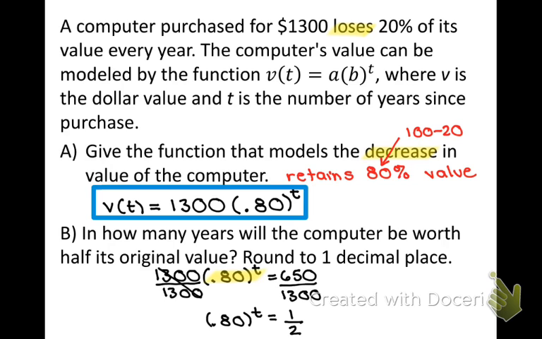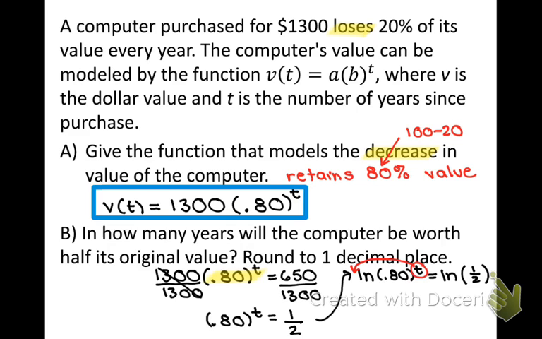Okay, so if I can't make my bases the same, I am going to take the natural log of both sides. So I get the natural log of 0.80 to the t equals the natural log of 1/2. We could also write 1/2 as 0.5 if you wanted to. Bring down that exponent.